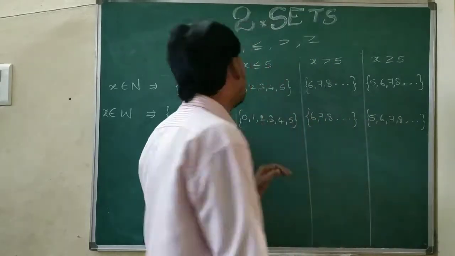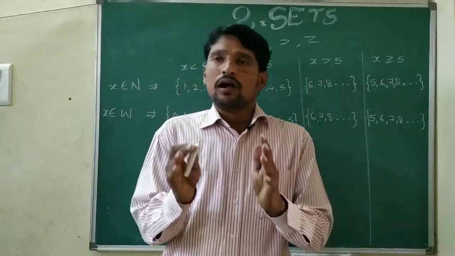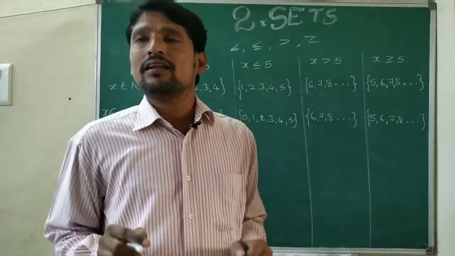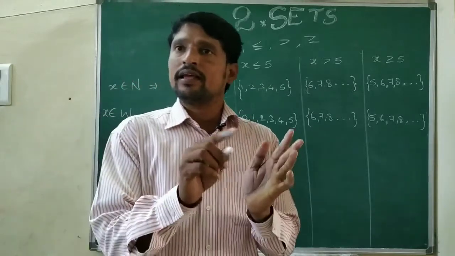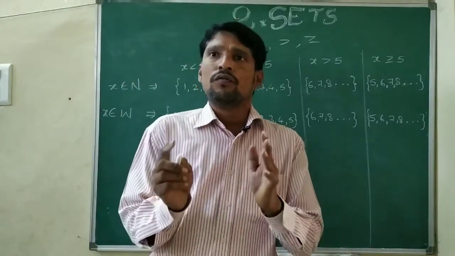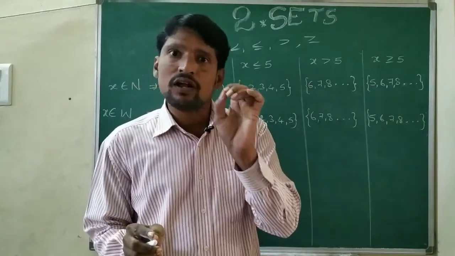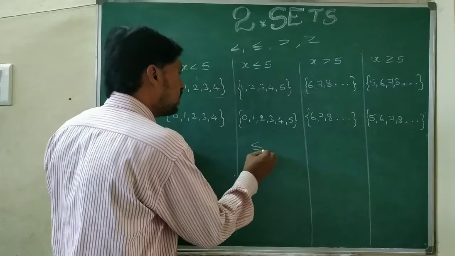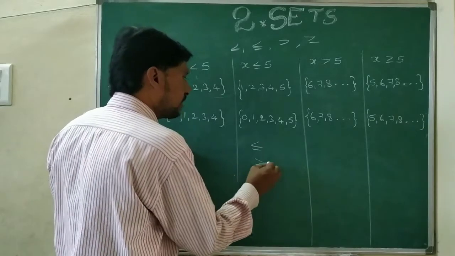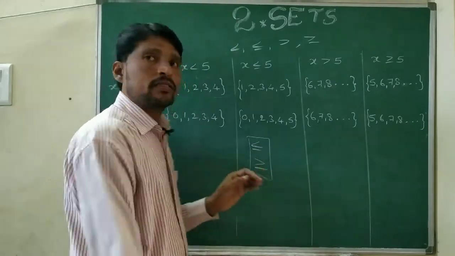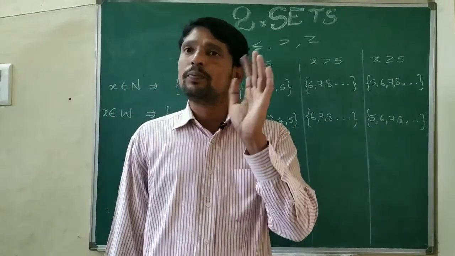So this is how to use less than or equal to and greater than or equal to. Whenever there is equal to, in these two symbols, we should consider that particular value.